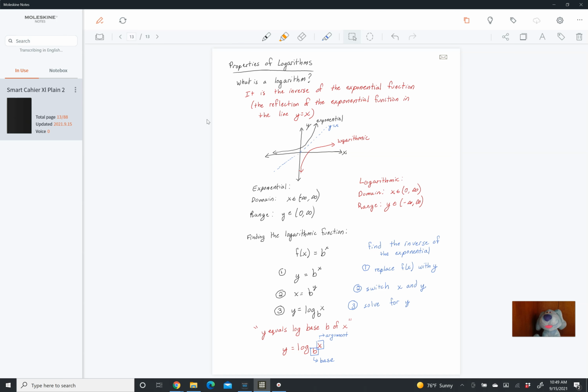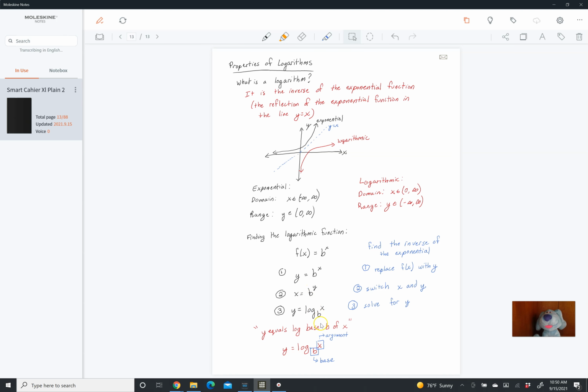Okay, now we can actually convert back and forth between logarithmic and exponential expressions. And the thing to remember here is that the base of the logarithm is always going to be the same as the base of the exponential. So this is what it looks like in exponential form. This is what it looks like in logarithmic form. We're going to talk about this a lot more. The base here is the same as the base here, right? We have a b and we have a b.